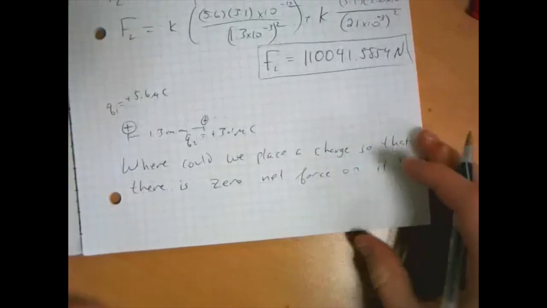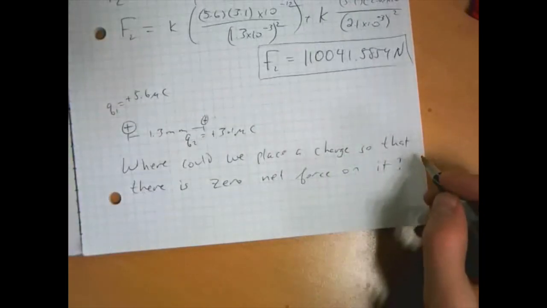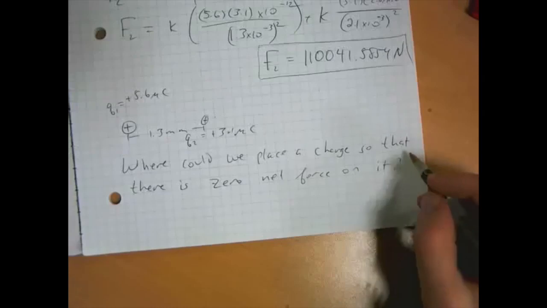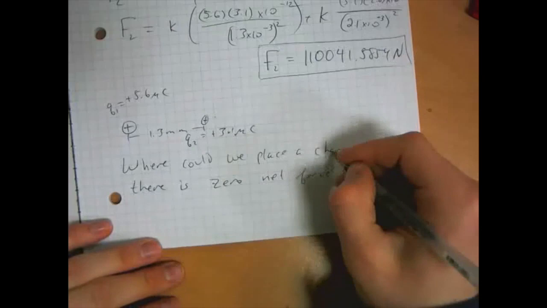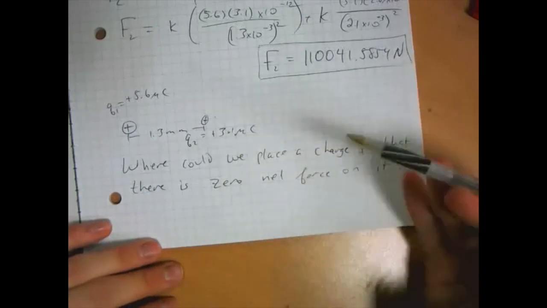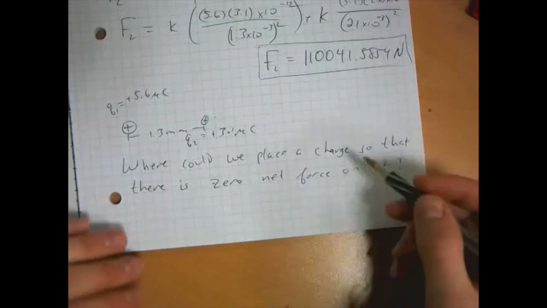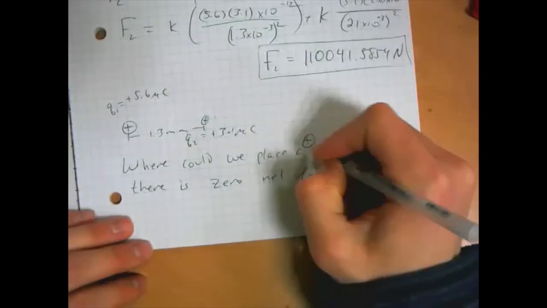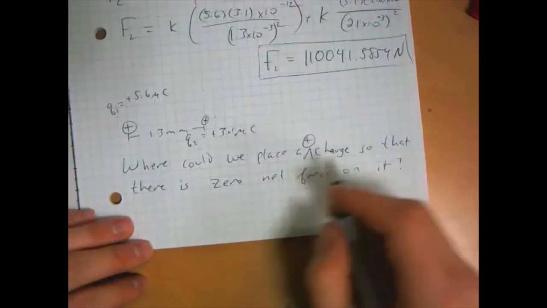This is another way we could apply Coulomb's law. So let's first think about where this could happen. I should say a positive charge. Where could we place a positive charge so that there is zero net force on it? Let's think about the direction of our forces.